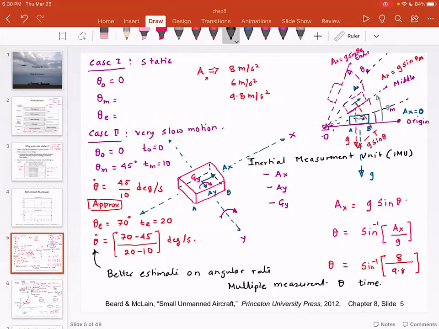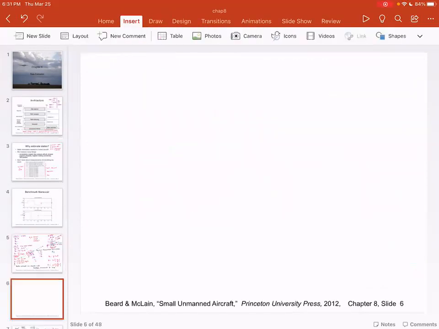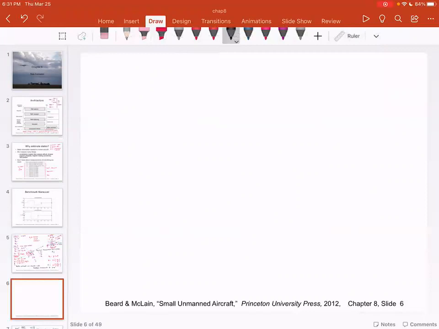This may work very well for a very slow motion, but as soon as you increase the speed beyond a certain threshold, you can visualize that these measurements are going to be off. So let me do this case. Now, same example.